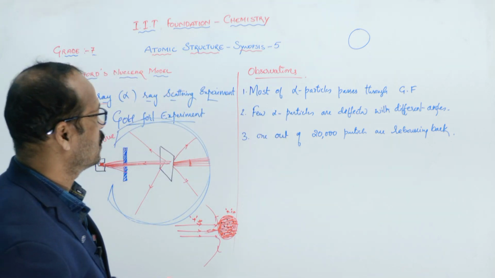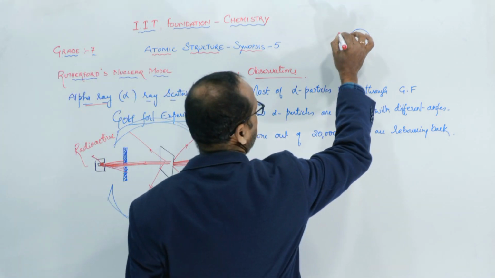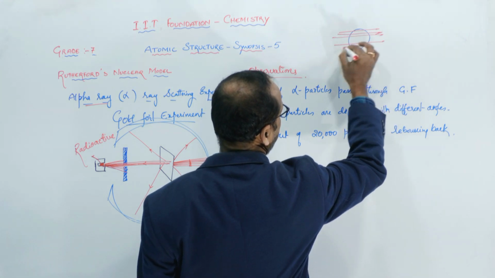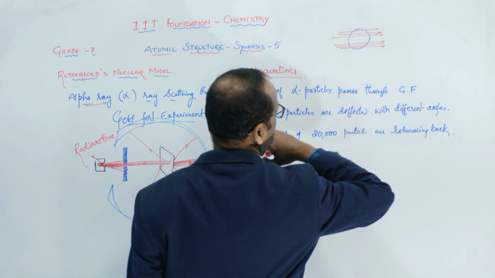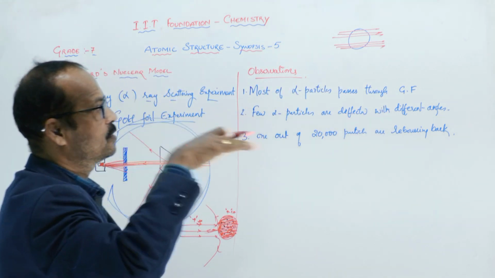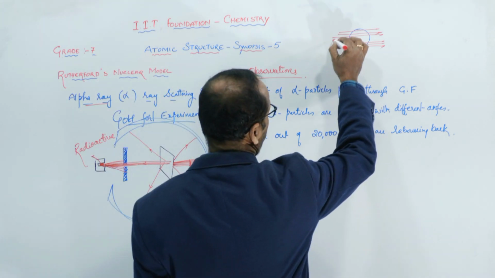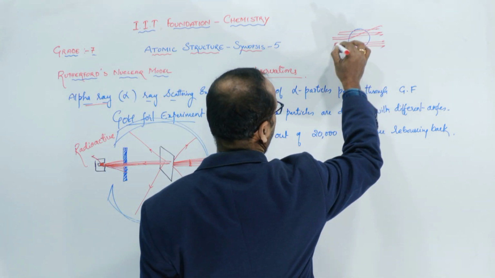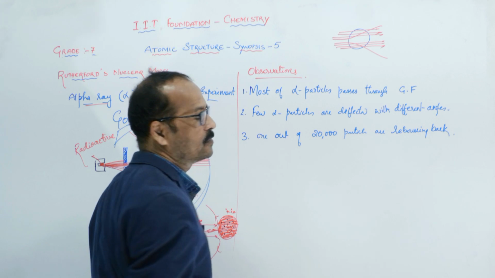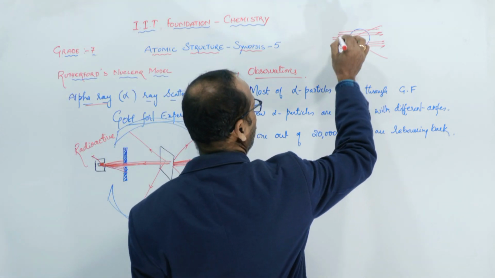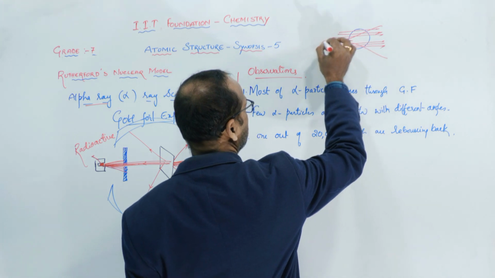Most of the alpha particles are passing straight through that gold foil. Now few particles are deflected like this. Very few particles, 1 out of 20,000, are rebouncing back.